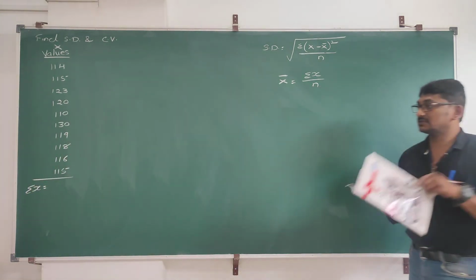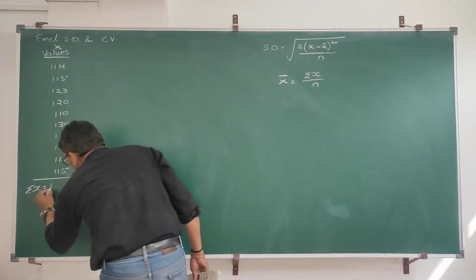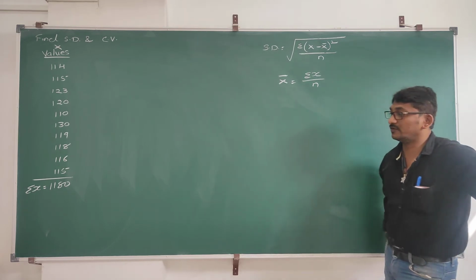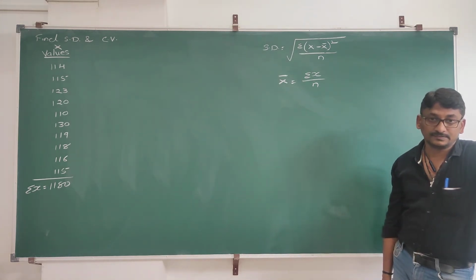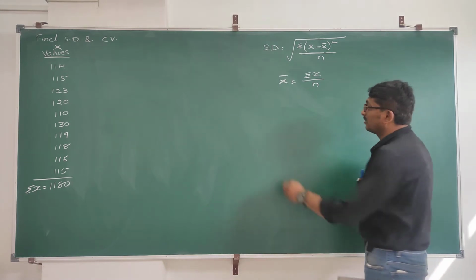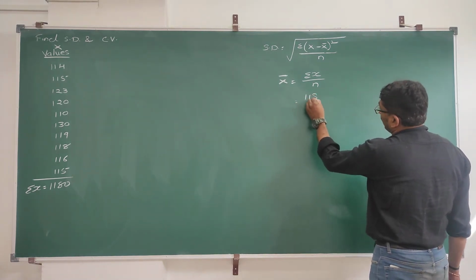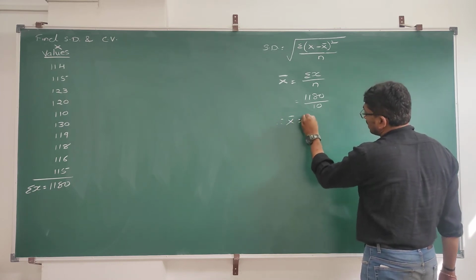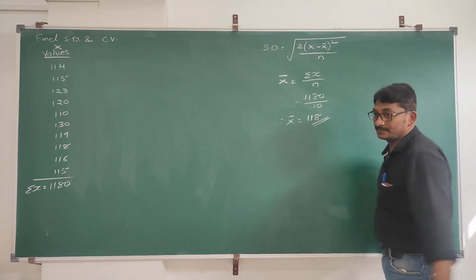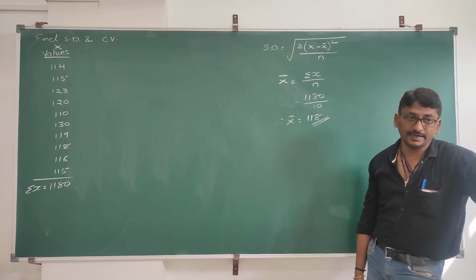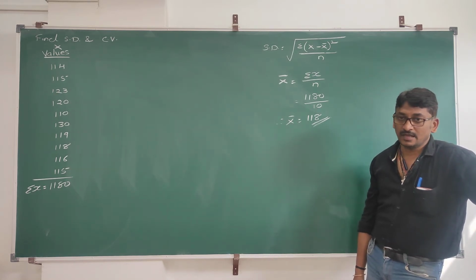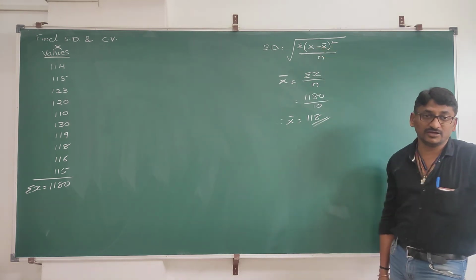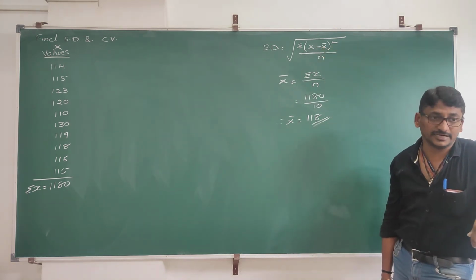Here the total is 1180. Now calculate x bar first. 1180 divided by n value 10, therefore x bar value is 118. Why do we have to calculate x bar? Because in the formula x bar is there, and without calculating the mean value you cannot find standard deviation.